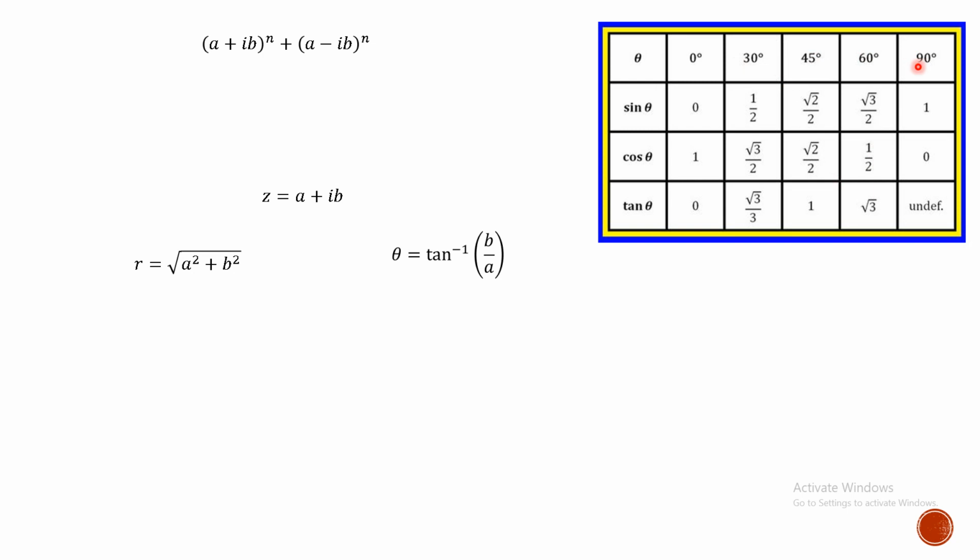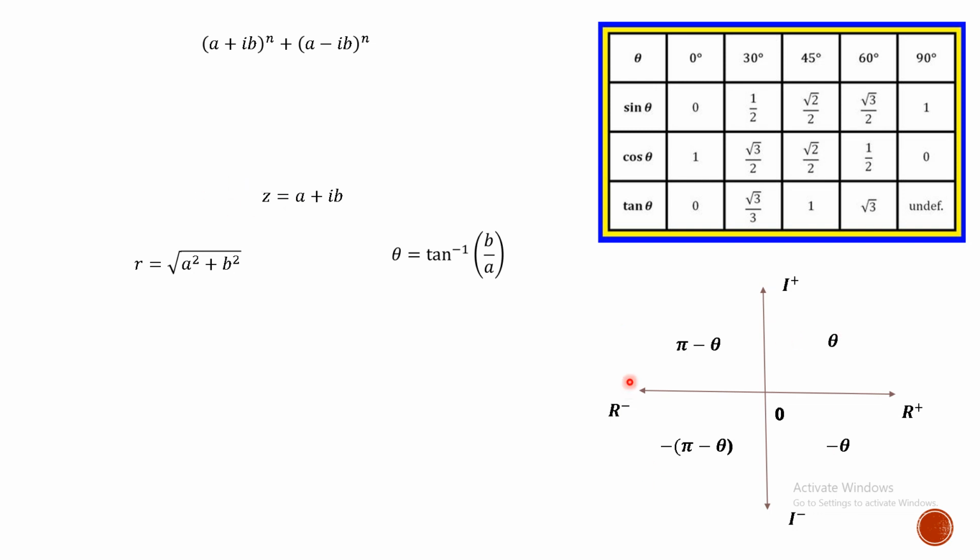After that, we have to follow the graph as follows. This is the sheet. Now we have to see whether the real part is positive or negative, and whether the imaginary part is positive or negative, and find in which quadrant this particular complex number lies.